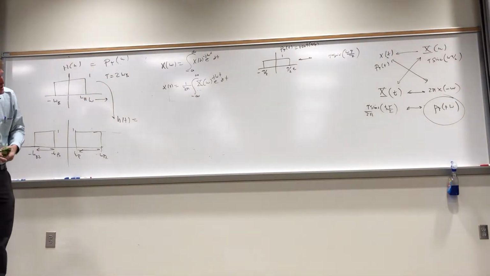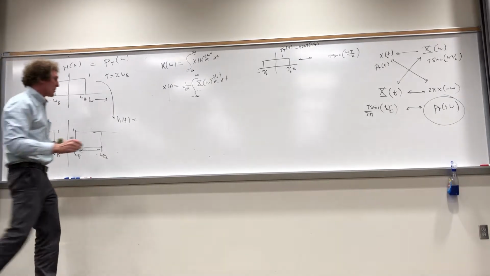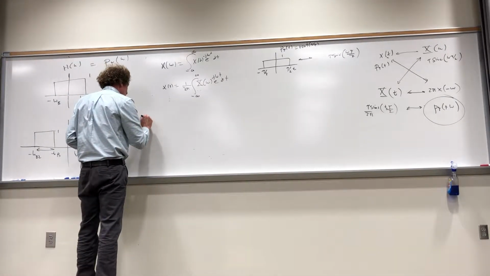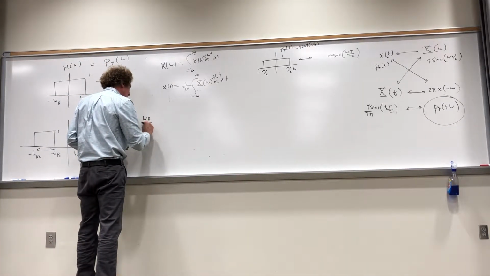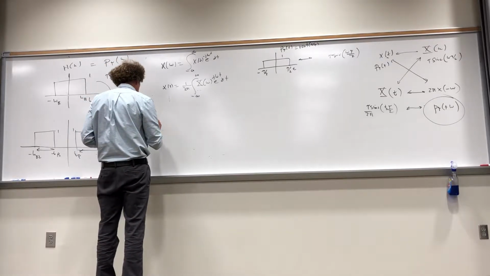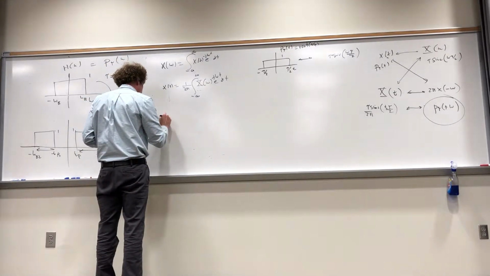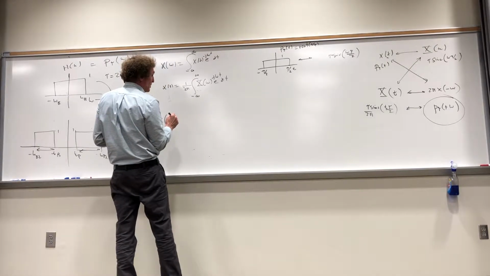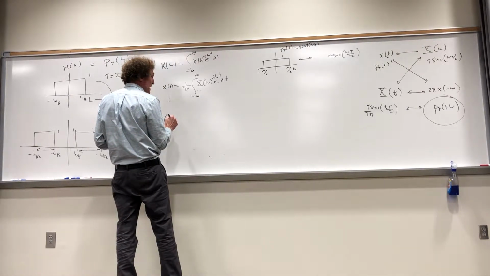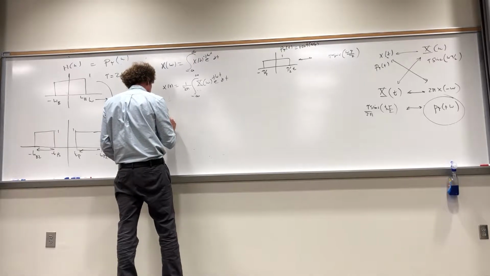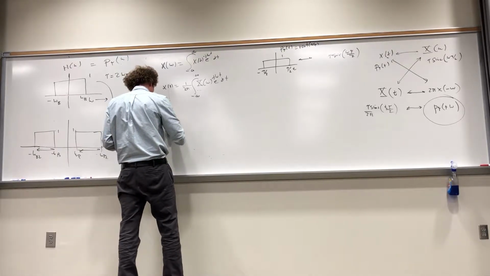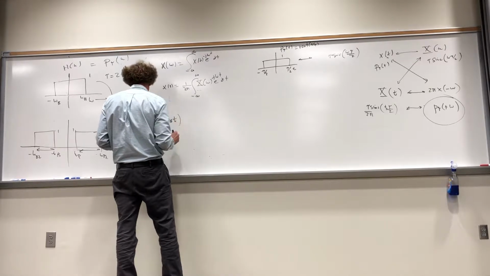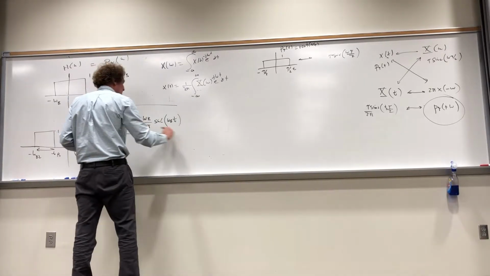So that means it's going to be 2 omega b over pi, or really just omega b over pi. Then it's going to be the sinc of tau, which is 2 omega b divided by 2, or just omega b times t. And that's the function.